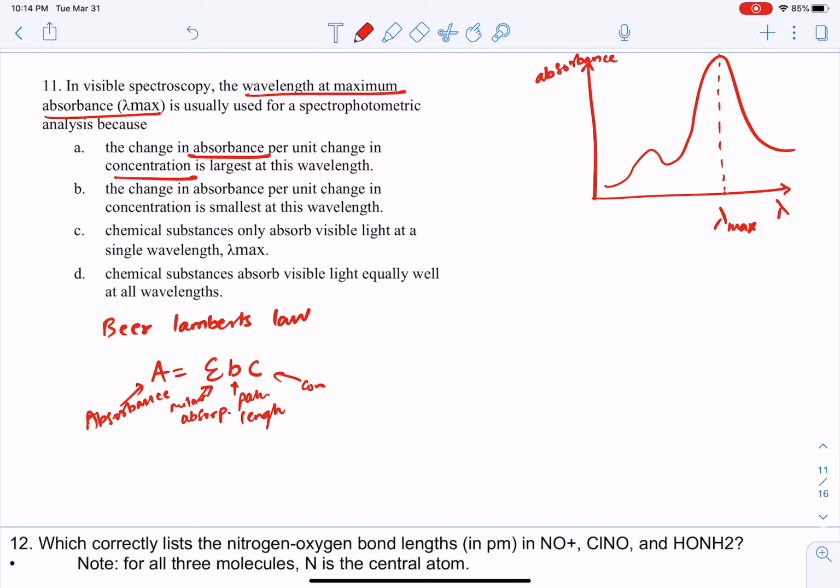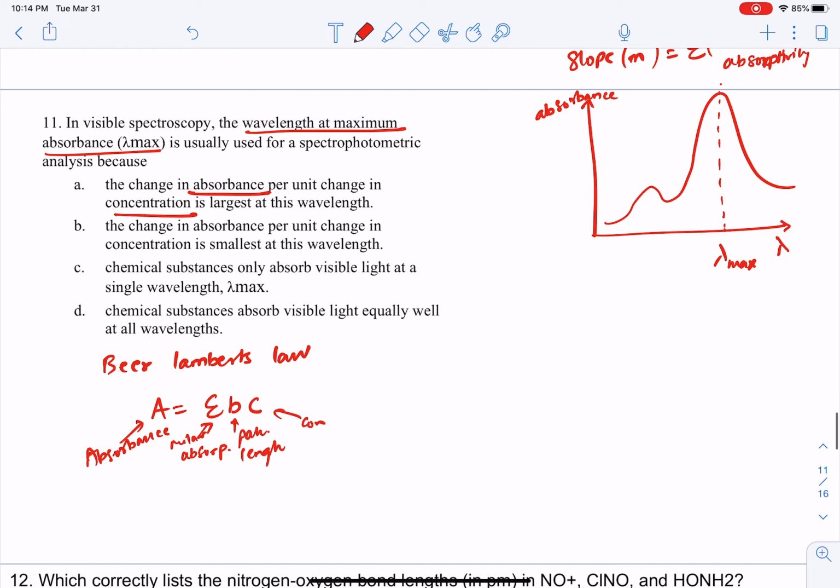So what is asked is, in visible spectroscopy, the wavelength at maximum absorbance is usually used for spectrometric analysis because, option A, the change in absorbance per unit change in concentration is largest at this wavelength.